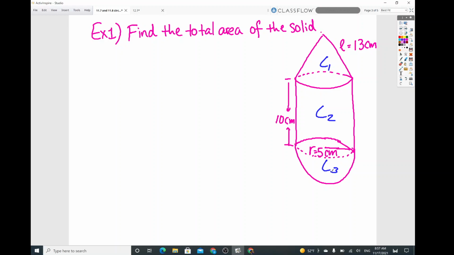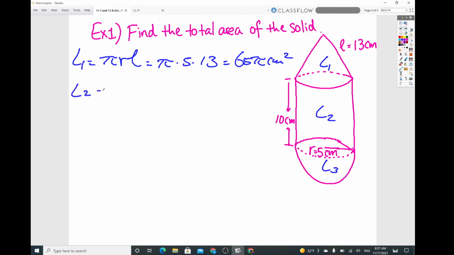Let's call them L1, L2, and L3. Start off with pi r L to get L1: pi times radius 5 times slant height 13. 13 times 5 gives us 65 pi square centimeters.